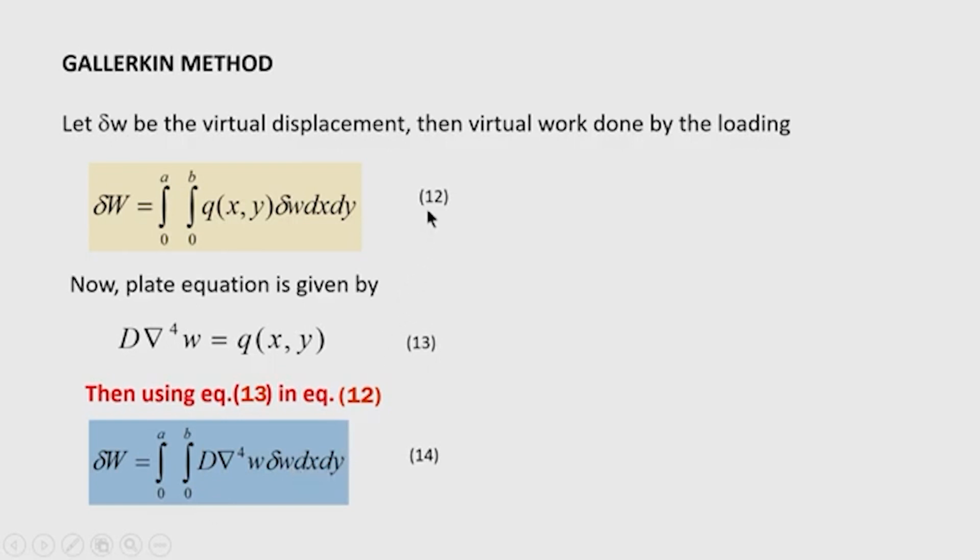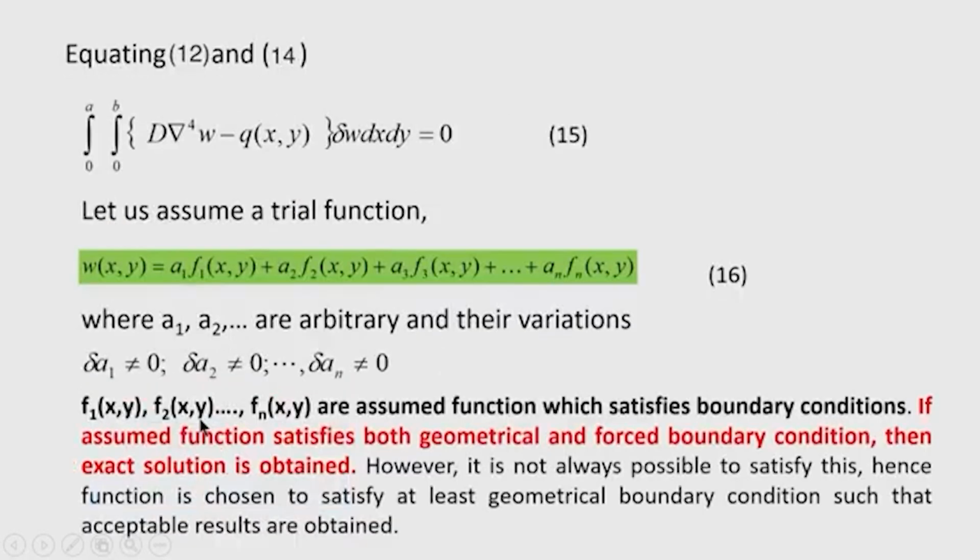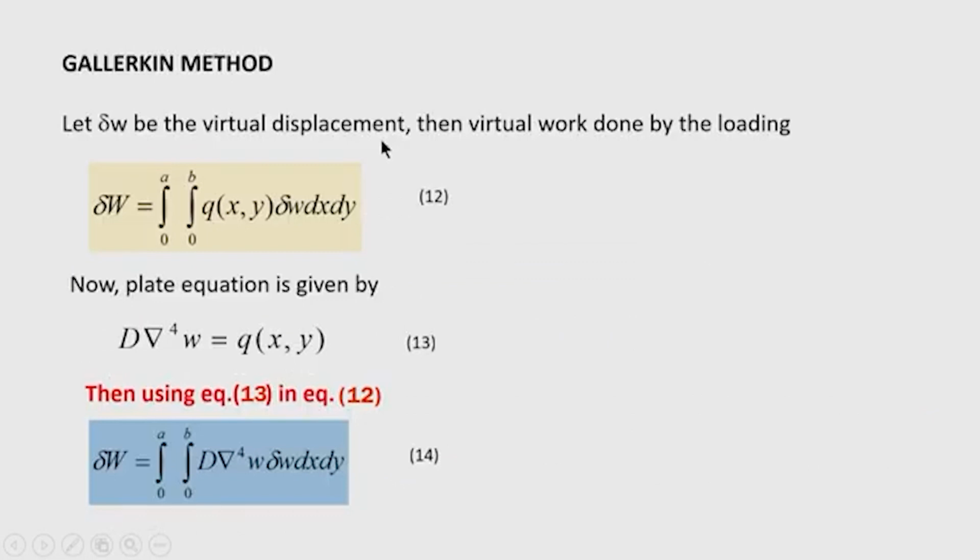Here you can see equation 12 and 14 are same, because both have the expression for the virtual work delta W. So, now equating 12 and 14, we can write this expression (D del 4 W minus q(x,y)) and delta W dx dy. That means, this expression and that expression are now equated.